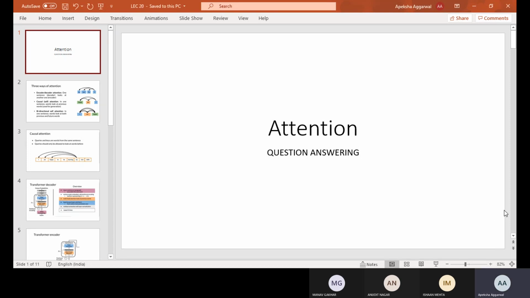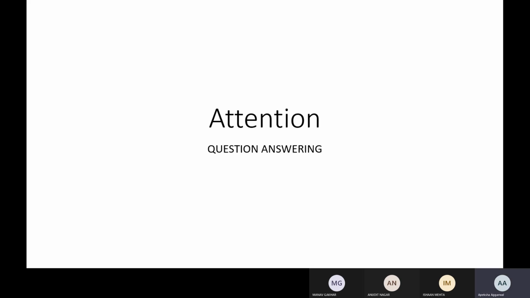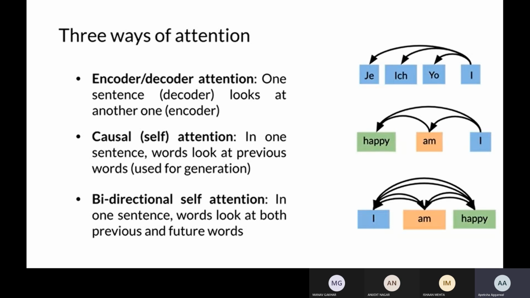Okay, so there are three ways of attention. We have seen machine translation, which is encoder-decoder attention, where we have one sentence decoder which looks at the other sentence, the encoder. Suppose I have an English sentence and a Hindi sentence, and I'm translating from English to Hindi.